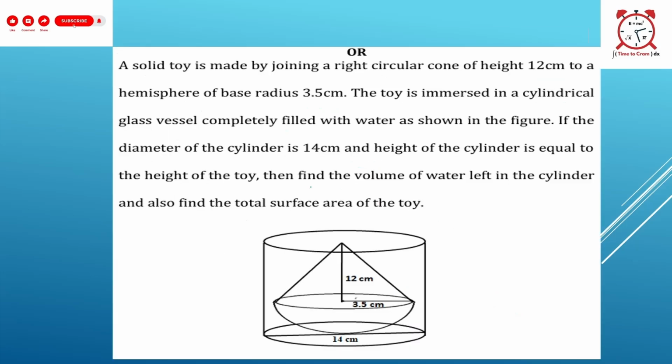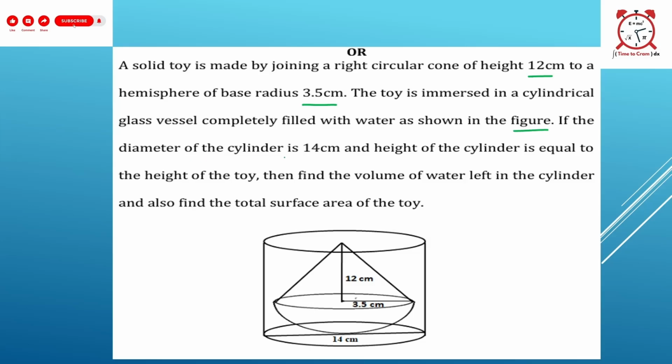Now another question in the OR. A solid toy is made by joining a right circular cone of height 12 centimeter to a hemisphere of base radius 3.5 centimeter. The toy is immersed in a cylindrical glass vessel completely filled with water as shown in the figure.